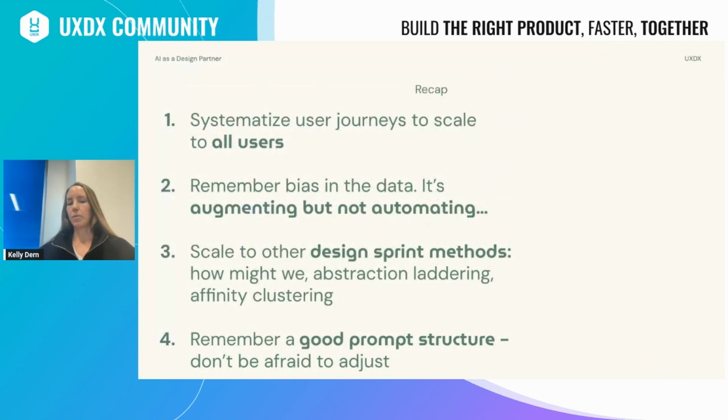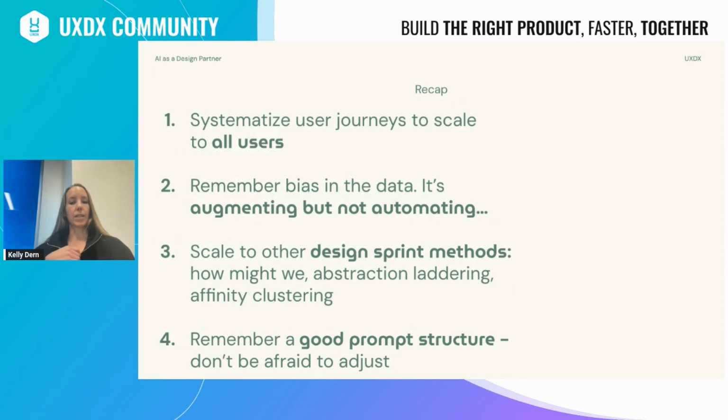And to recap a few of the things that we talked about today, ideas that you can take back to your team or your different products. We talked through systematizing user journeys to scale to all users. And remember that there's bias in the data and it's augmenting, not entirely automating, your process. You can either build guardrails into your model quality itself, or you as a product creator are doing the model quality.